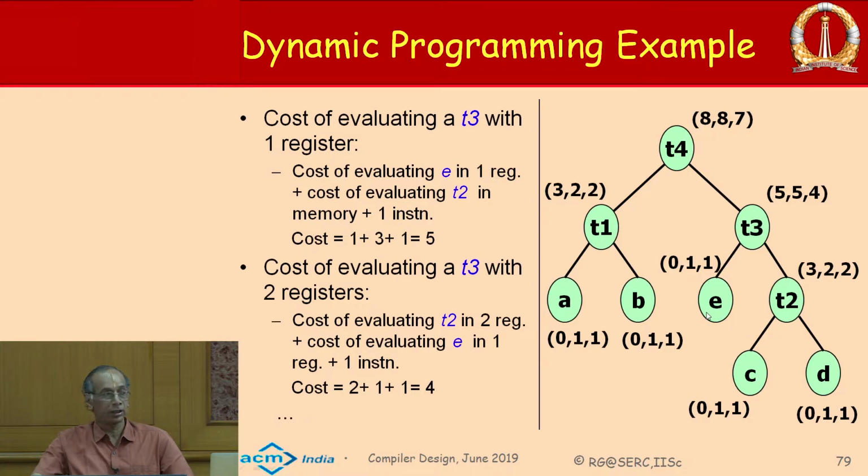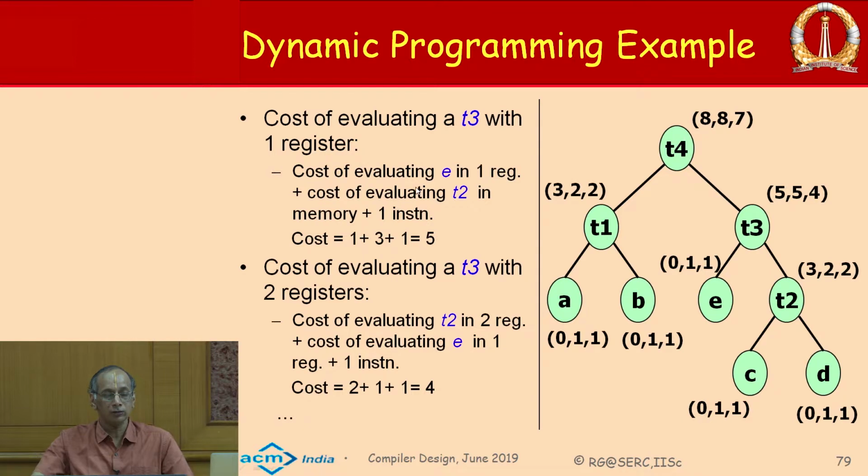I could have actually done the following thing: I could have computed the right child using 1 register and put it into memory. That is also possible, correct. Given that I have 1 register, I could have first computed T2 using that 1 register, put the value into memory, which means that eventually everything is in memory, and then use that one register for this.